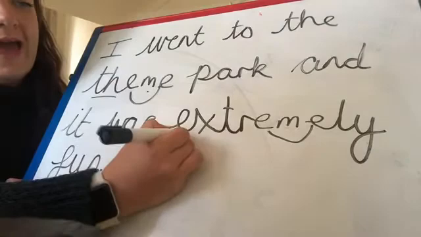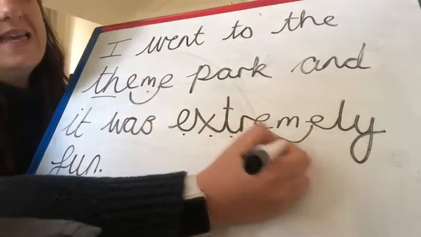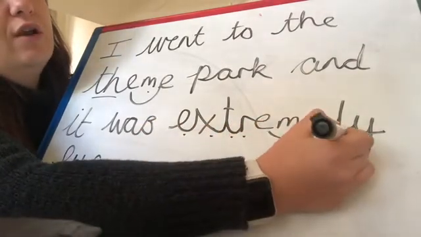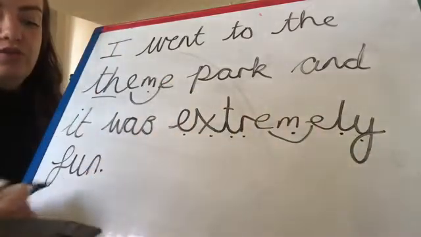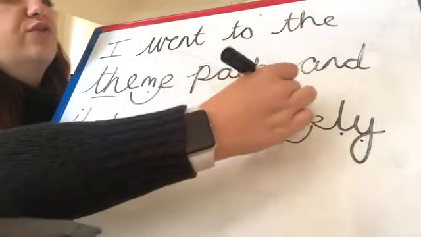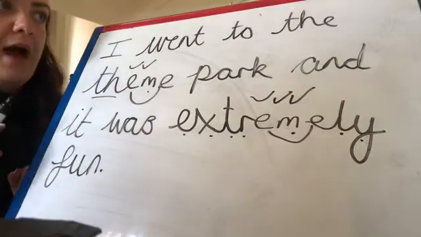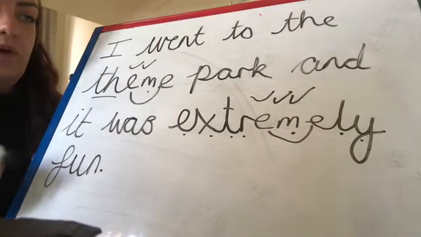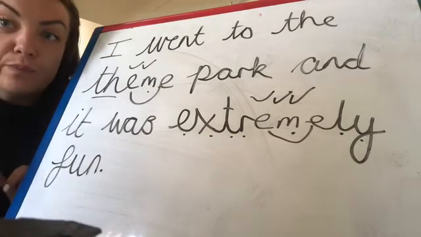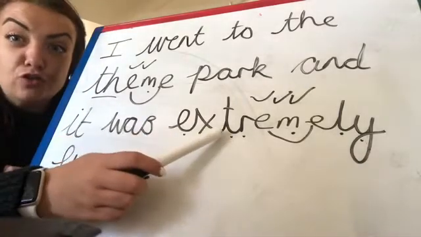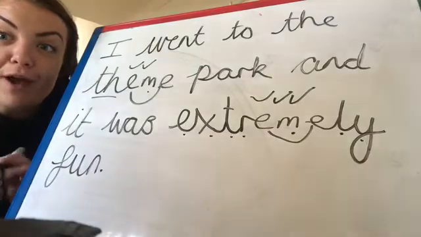So we can see this, and then you've got L-E on the end, extremely fun. I'm going to give you 3 ticks for that one if you got that one right, and 2 ticks for theme. I went to the theme park and it was extremely fun. Tricky one, that one, extremely. So extremely well done if you got that right.